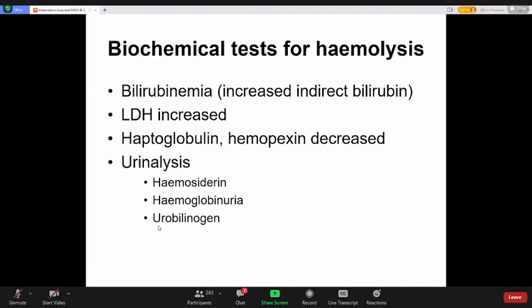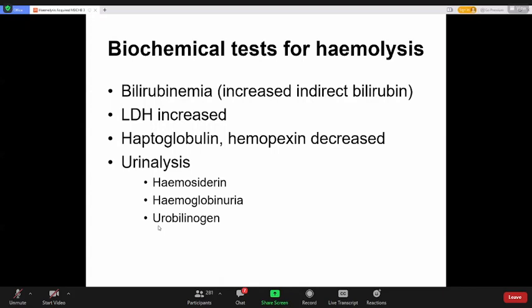If the haptoglobin has decreased to a level where the free hemoglobin levels have exhausted the haptoglobin, you get free hemoglobin being extruded or excreted within the urine.